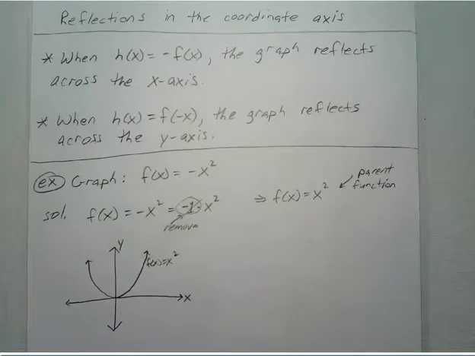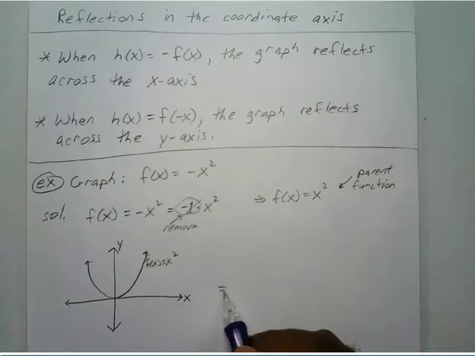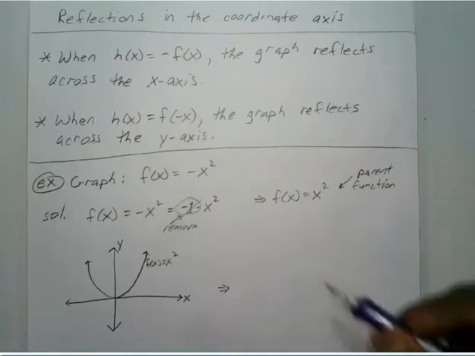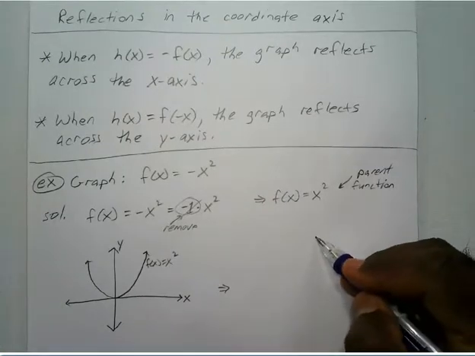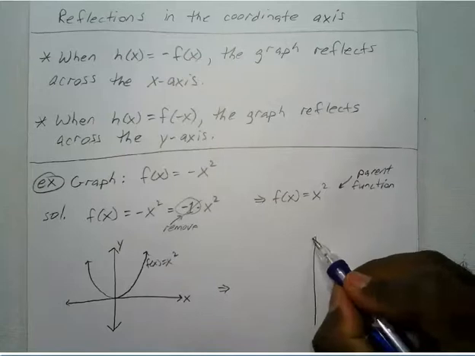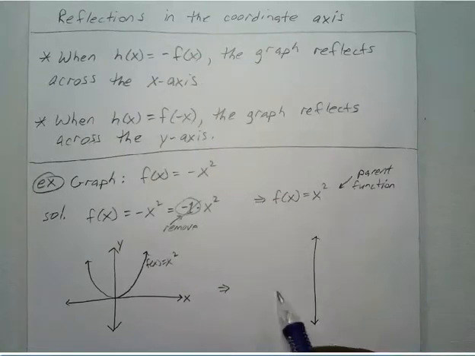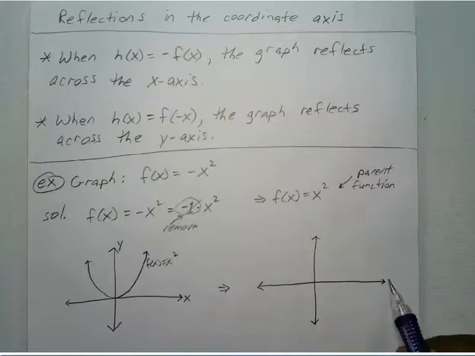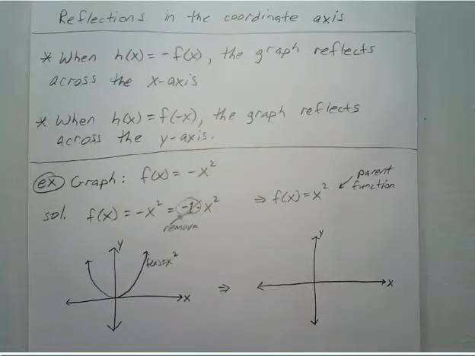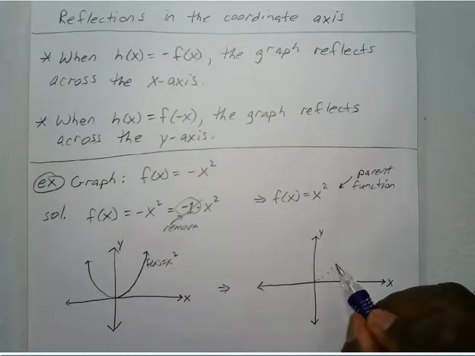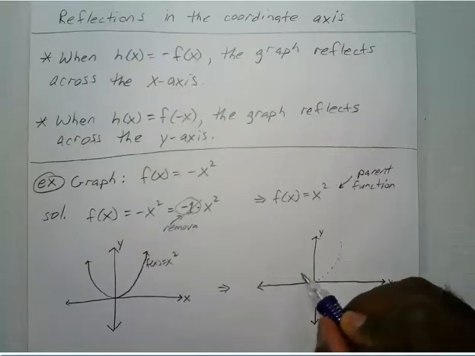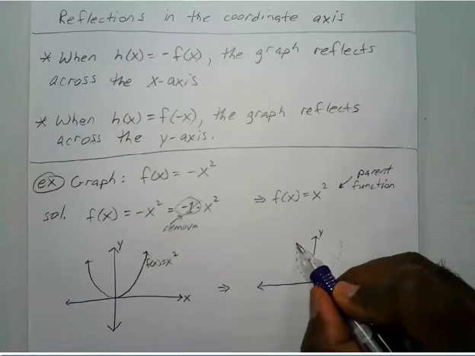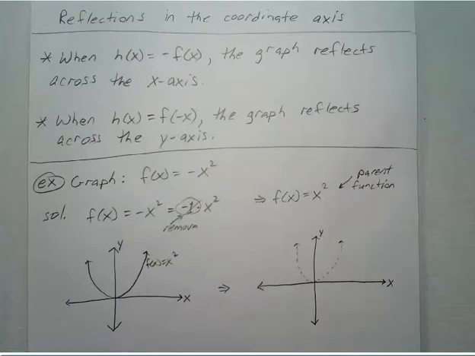Okay, so we drew our parent function. So go ahead and redraw our x and y axis. In this, we're just drawing a little dotted parent function. So this is f of x equals x squared.